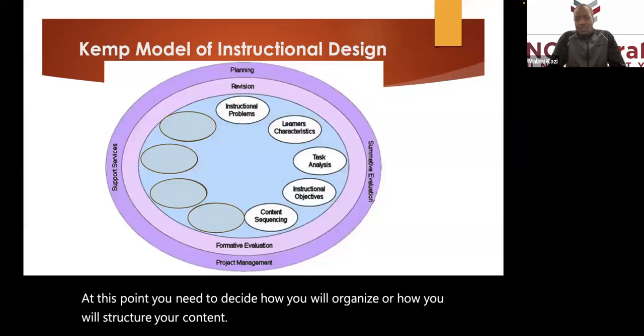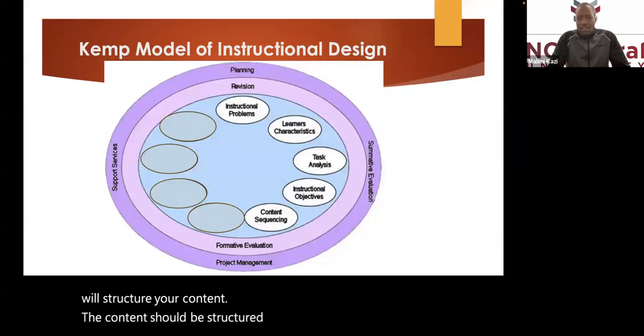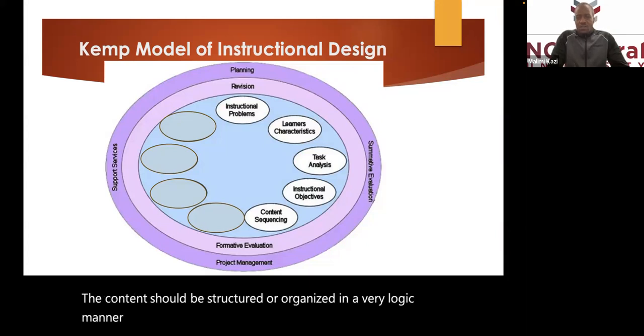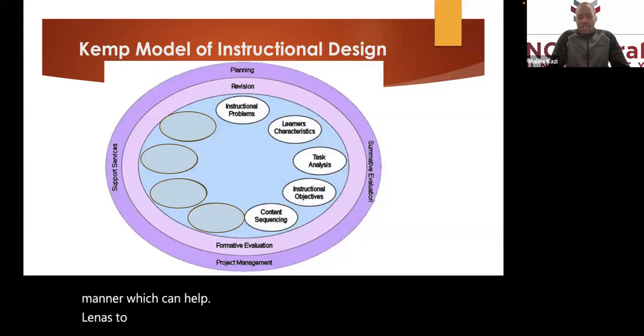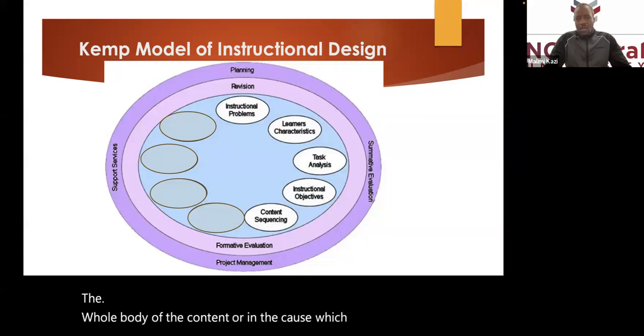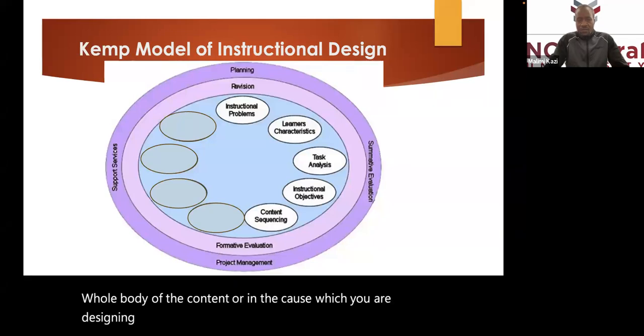The content should be organized in a very logical manner, which can help learners to connect different aspects or different topics or subtopics in the whole body of the content or in the course which you're designing this instruction for.